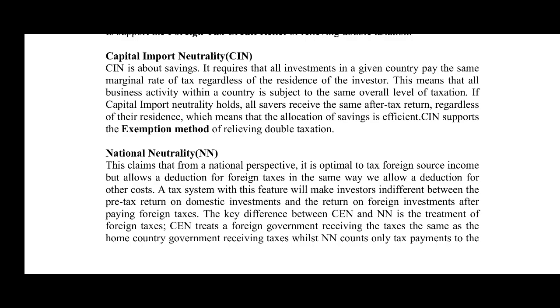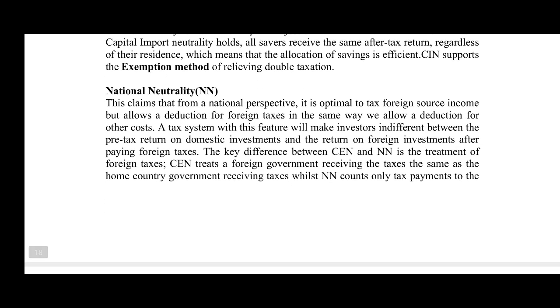Then the next one is to safeguard national revenue, which we call national neutrality. This claims that from the national perspective, it is optimal to tax foreign source income, but then you have to allow a deduction for the foreign taxes in the same way we allow a deduction for other costs, okay, like capital allowance and the rest. So a tax system will feature this.